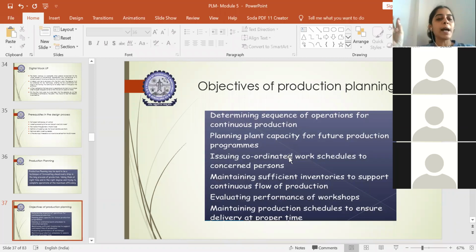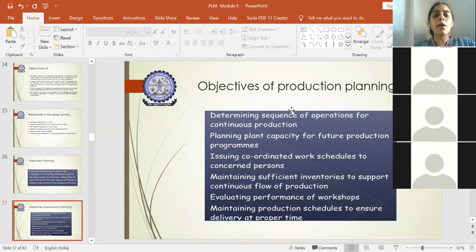For that, he should have an inventory also. You have to check whether the available space for the inventory in the company is enough for manufacturing this huge lot of production. If it is not satisfactory, then he has to try to create an inventory which matches the continuous production of that particular company. So even that has to be checked.